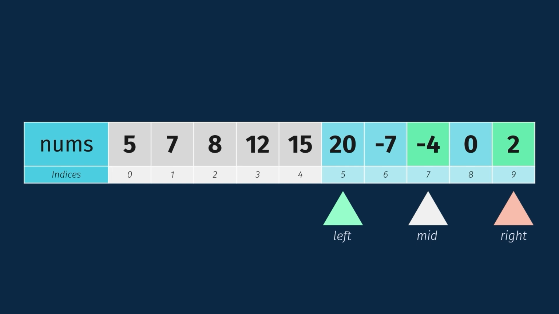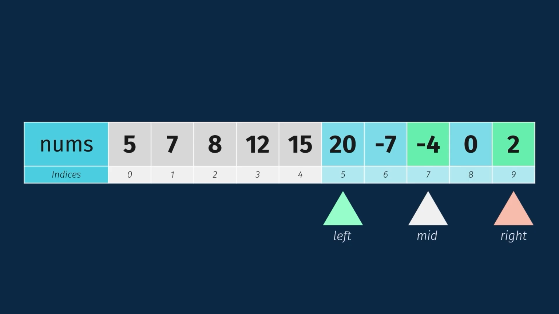In other words, there is no rotation break in this part of the array. This means the minimum element could either be our current mid value or somewhere to its left, because the rotation point where the order actually breaks must lie before mid and not within the already sorted half.